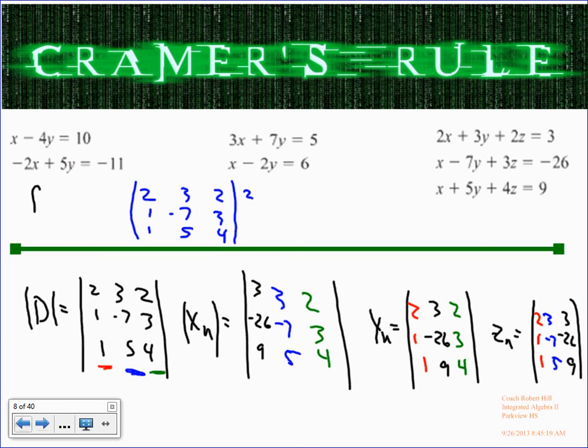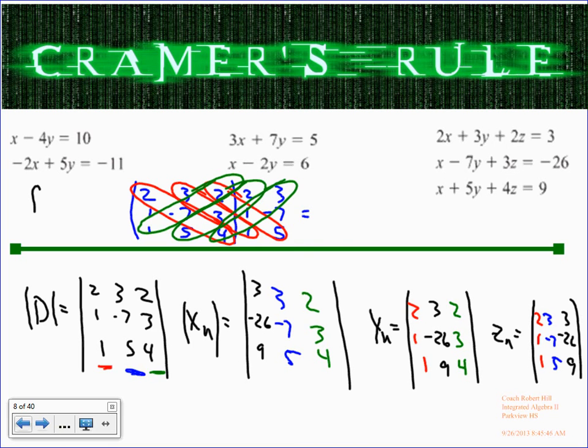You rewrite the first two columns, and then you go through that process that we've talked about. That process is multiply those numbers, the way we've been doing it, you then multiply these numbers, find all those products and subtract.